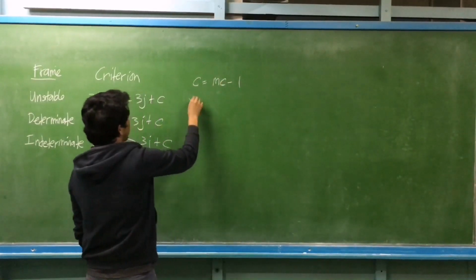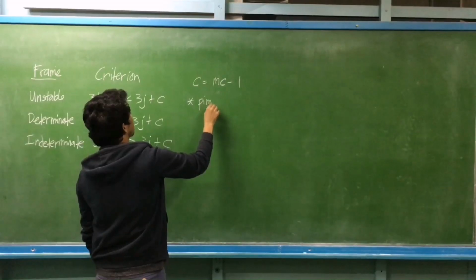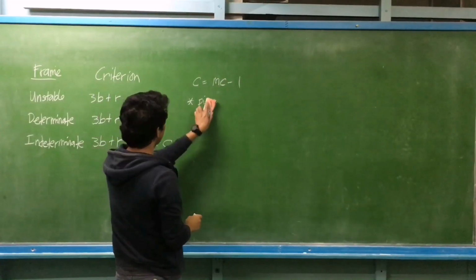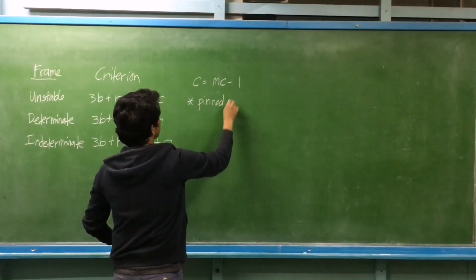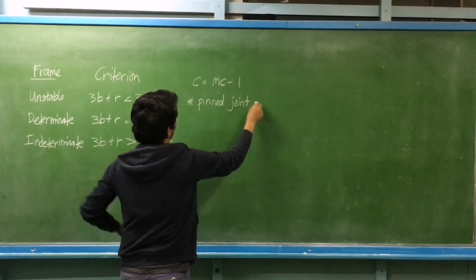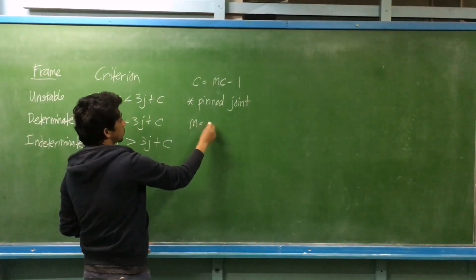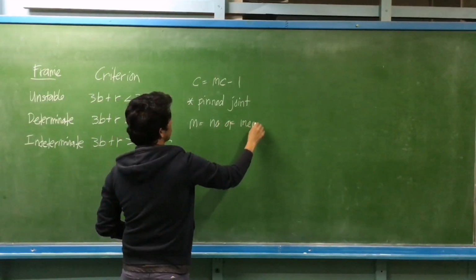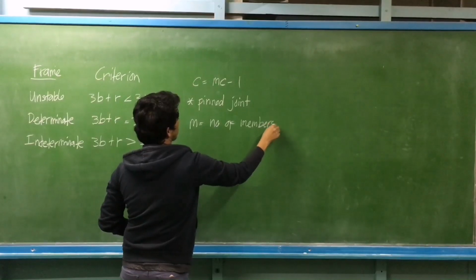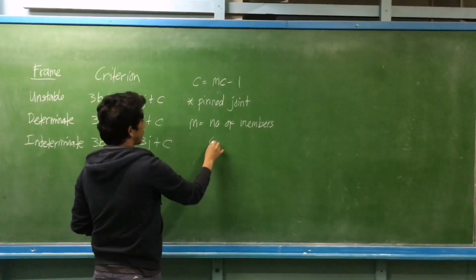For the cases that we have pin joints, wherein M is the number of members connected.